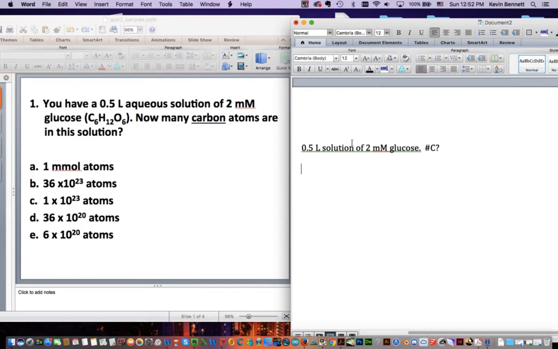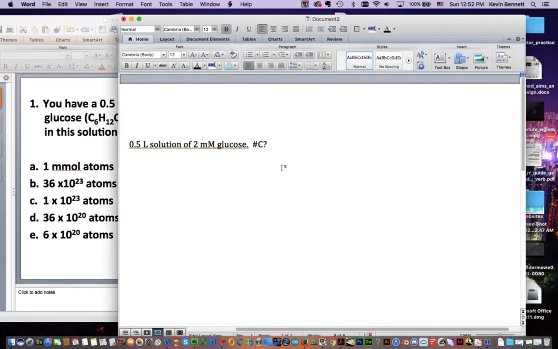So the way you want to approach all of these problems is, the first thing that comes up is what does this big M mean? And we said in class that M is molar concentration, which is number of moles of whatever you're talking about per liter.